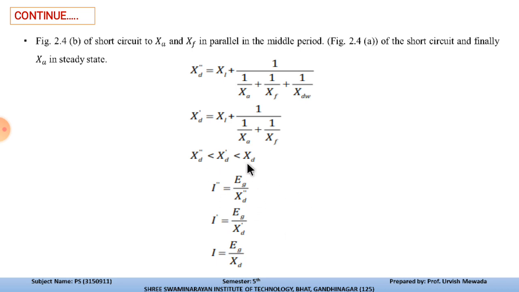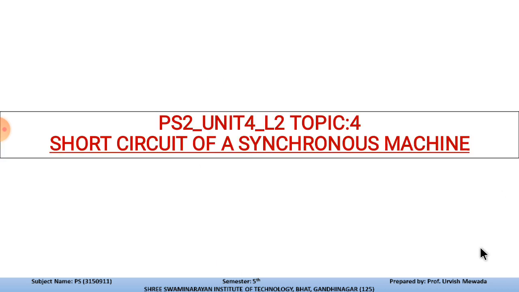So at that time, the reactances offered by the synchronous machine are XL and XL plus XA. These are the short circuit reactances of the synchronous machine while the short circuit occurs on load.